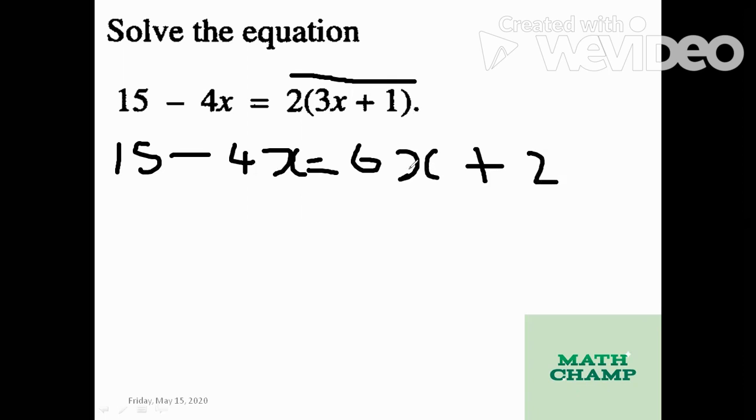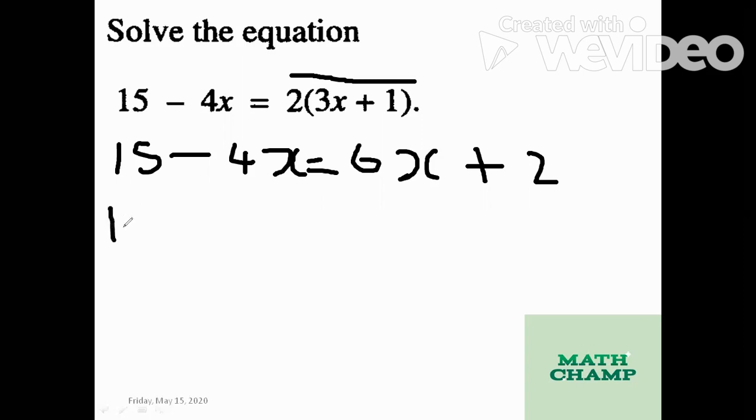And we're going to group the x's. Now you can either group the x on the left or on the right. I'm trying to avoid negatives, so I'm going to group the x on the right. So I'm going to add positive 4x on the left. If I add plus 4x on the left, I will get rid of 4x on the left, and it will automatically come on the right.